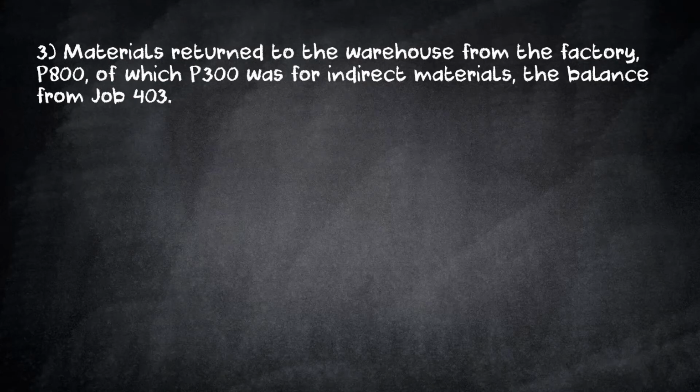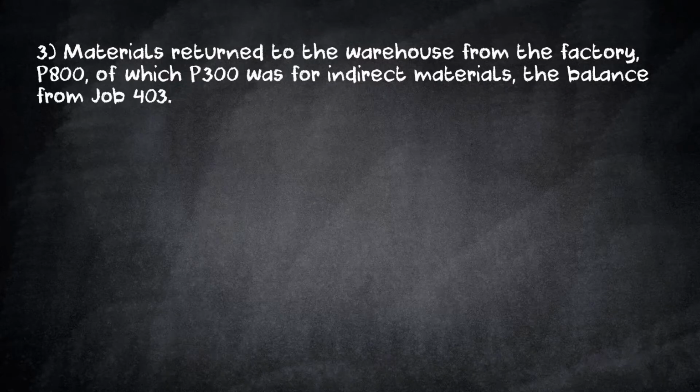Number 3. Materials returned to the warehouse from the factory, 800, of which 300 was for indirect materials, the balance from job 403. So, in this transaction, ang nangyari lang is nagbalik ng materials mula sa production, pabalik ulit sa ating warehouse.